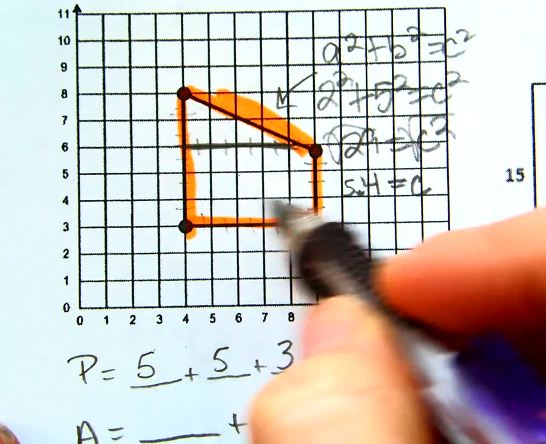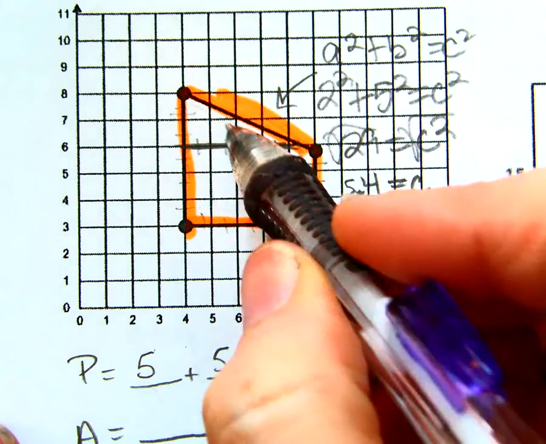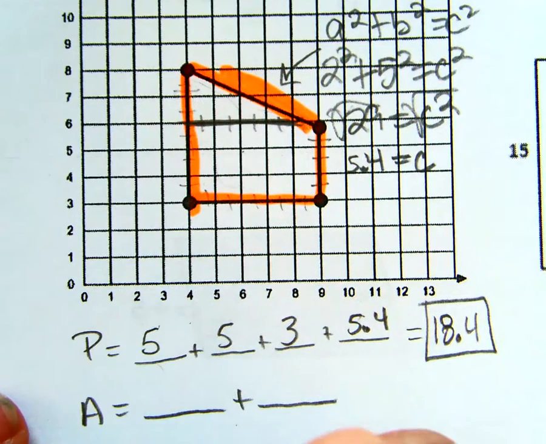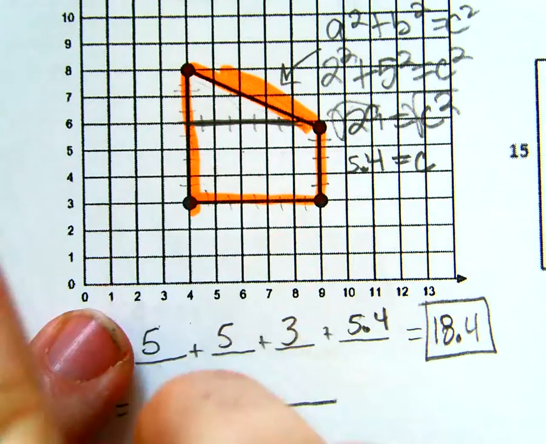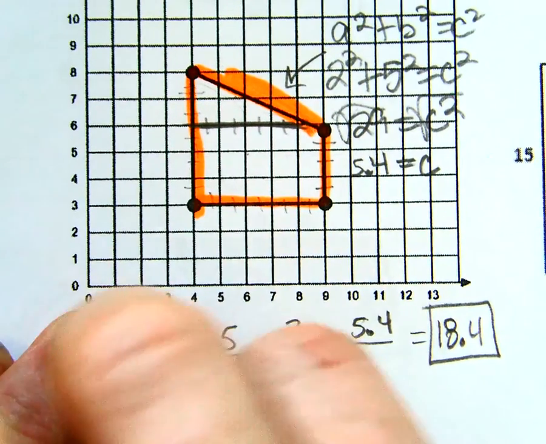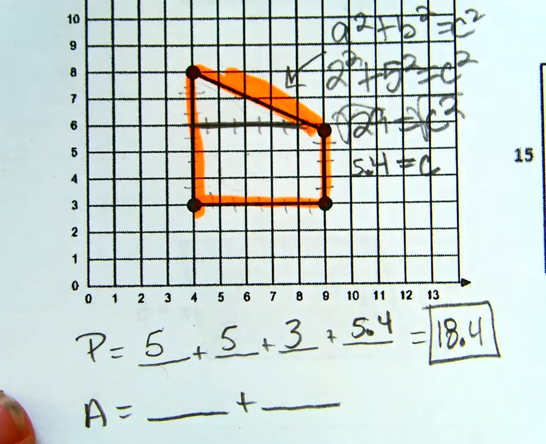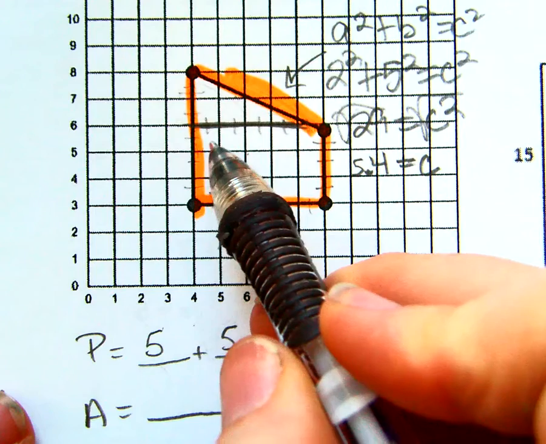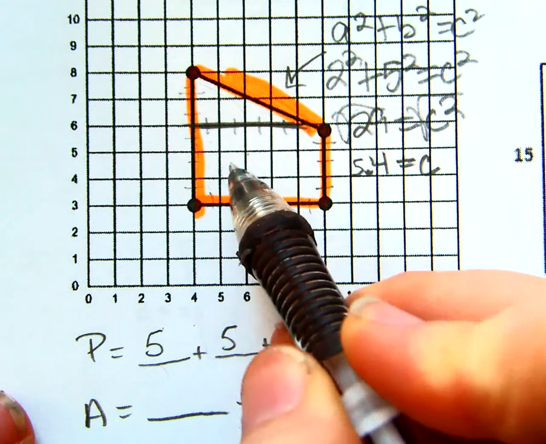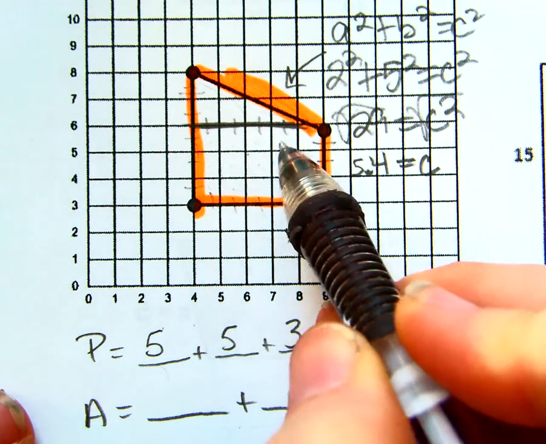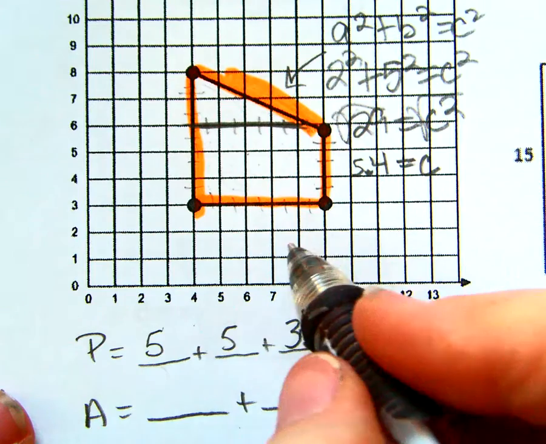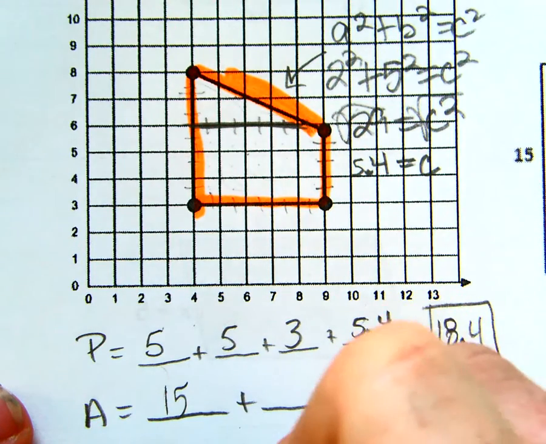Area of this rectangle and area of this triangle. So I'm going to find area of a rectangle and add that to area of the triangle. So let me start with area of the rectangle. Because there's nothing slanted, I could actually count 1, 2, 3, 4, 5, 6, 7, 8, 9, 10, 11, 12, 13, 14, 15.